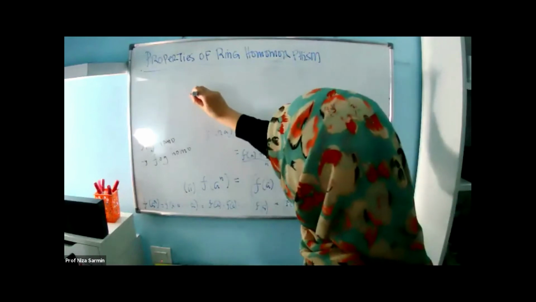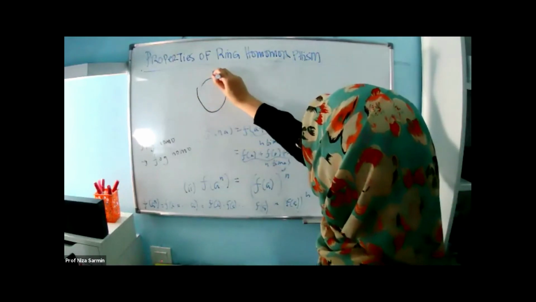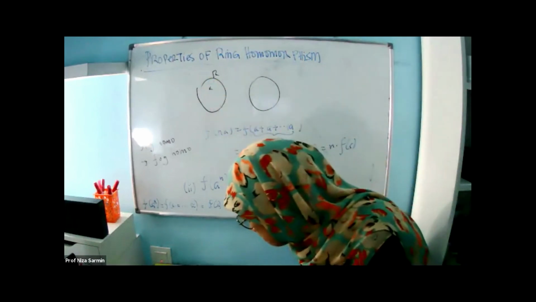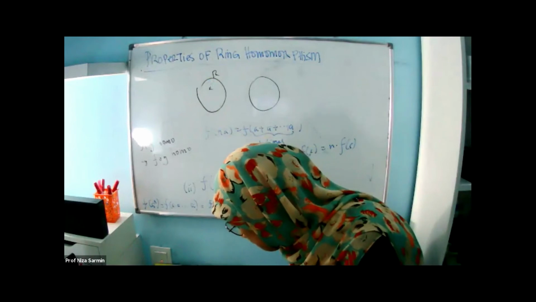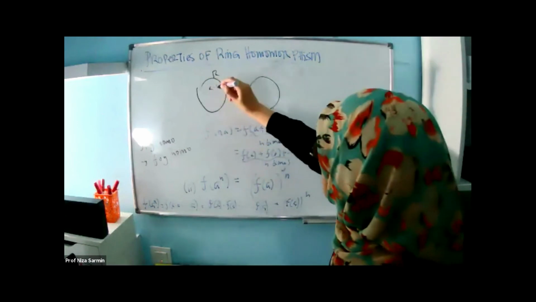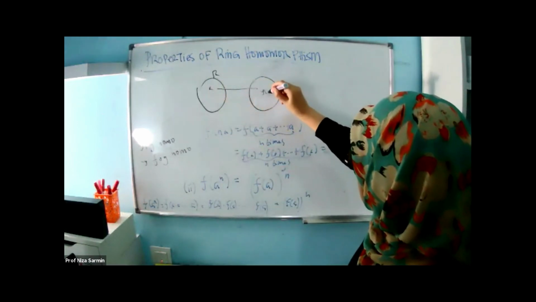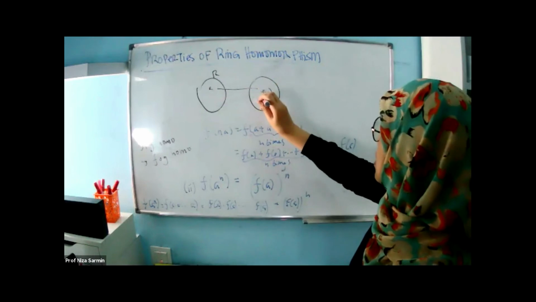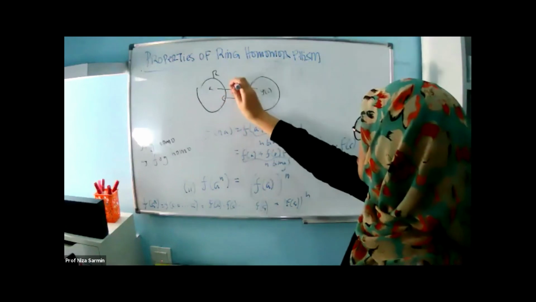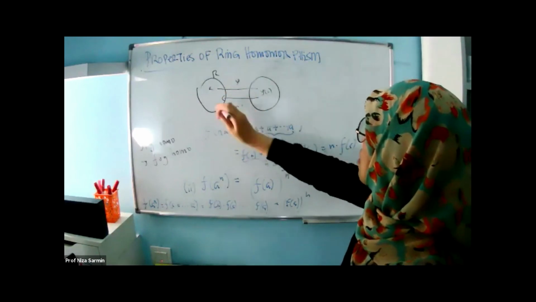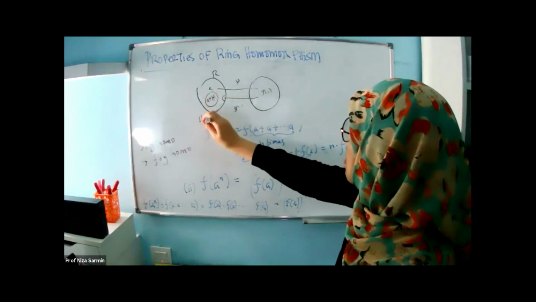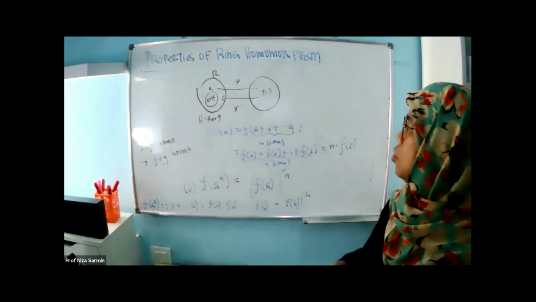If you have A in R, from this A, you will get psi of A. From this psi of A, you go back, you get this whole thing.